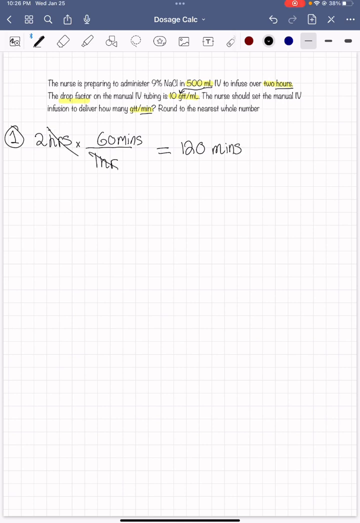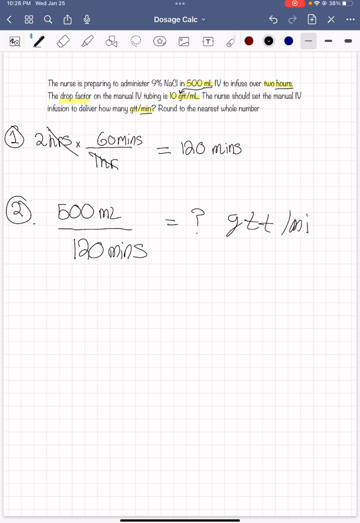So, let's see what I have. My new question is I have 500 milliliters in 120 minutes. That's what I'm infusing. I'm infusing 500 milliliters of NaCl in 120 minutes. So how do I calculate that into drops per minute?